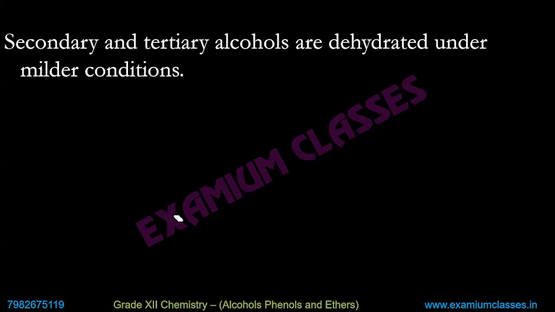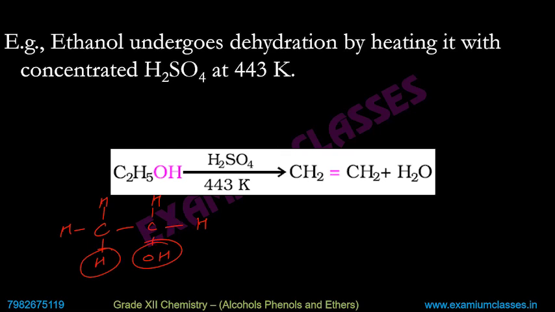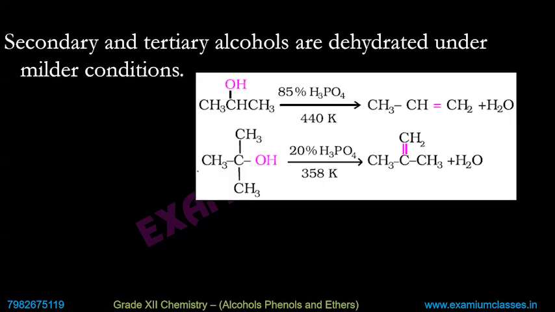Dehydration. Secondary and tertiary alcohols are dehydrated under milder conditions. So if you see here, the temperature is 443 K with H2SO4. It is a primary alcohol. But for secondary, it will be lower, 440 K, and for tertiary, 354 K. And here you don't need H2SO4.